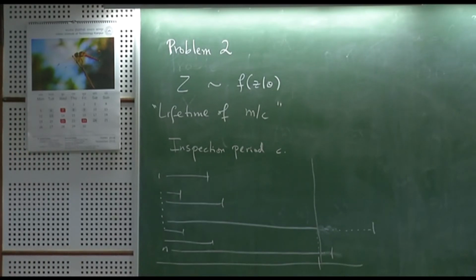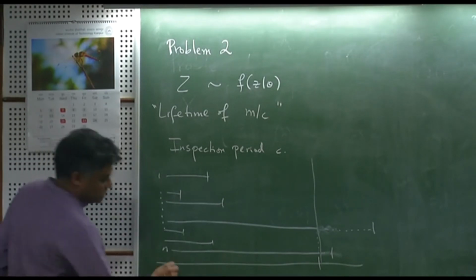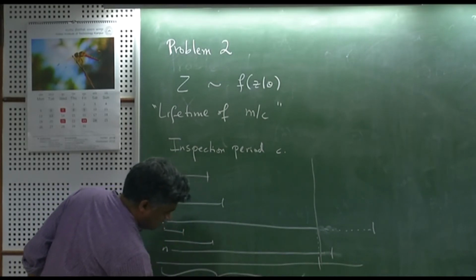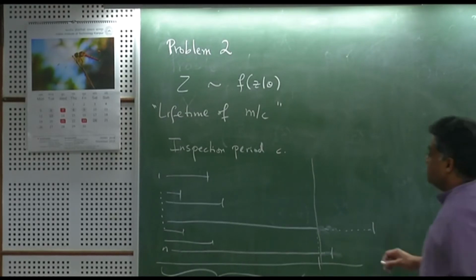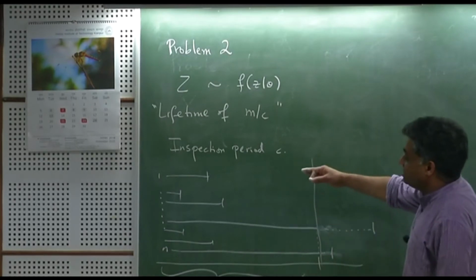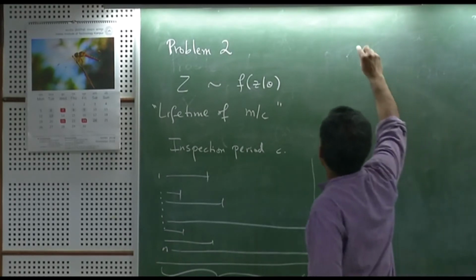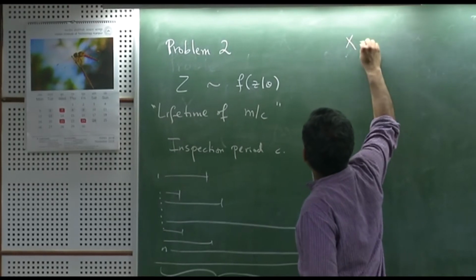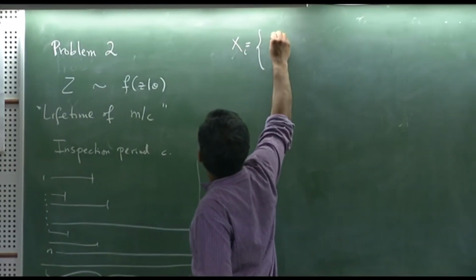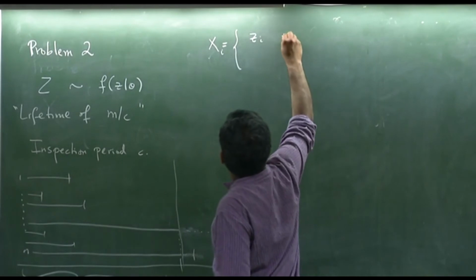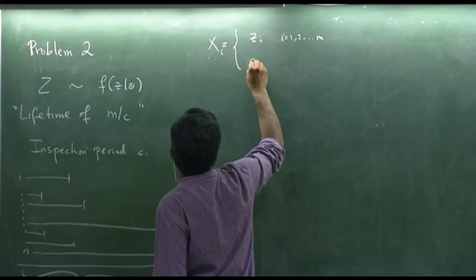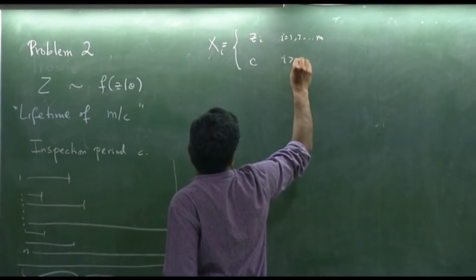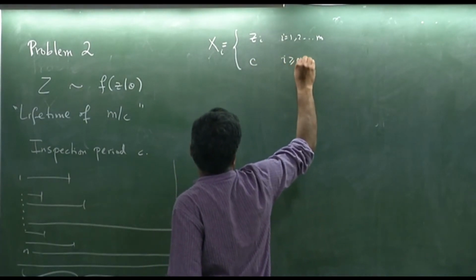Okay? And so that's what I observe. So this is my x. That's the context of the problem. I observe my x's, and because I have observed things, I'm going to reorder things, and the way the data was given to you is xi equal to zi for i going 1, 2 up through m, and it's equal to c for i greater than or equal to m plus 1.